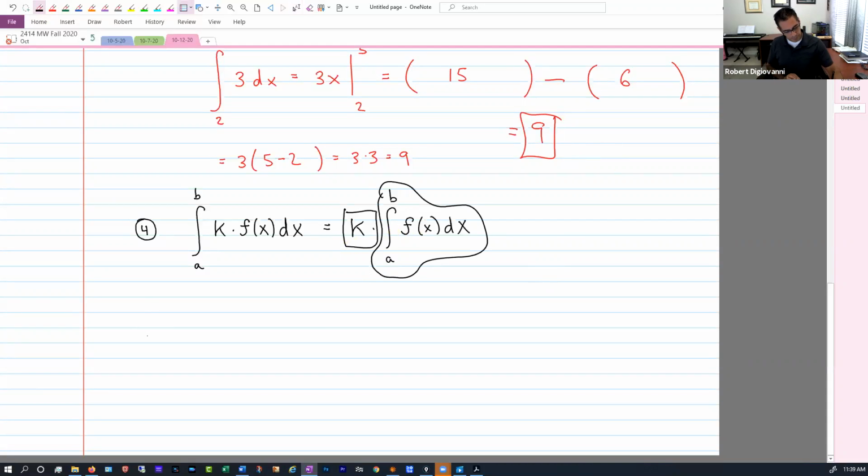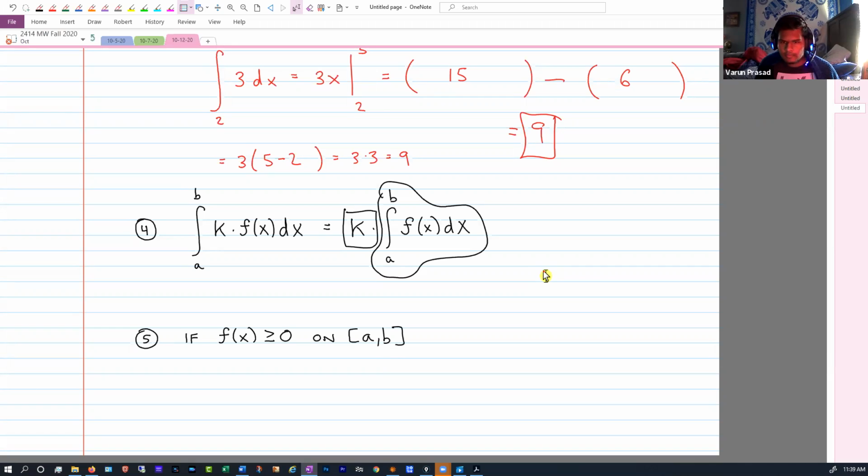Fifth property. This one's a little interesting. Let's say that I tell you this about a function. So what is that statement saying to you? If f of x is greater than or equal to 0 on AB, what is that telling you? That function is what? Positive, or it could touch the x-axis, right? But it's never negative.